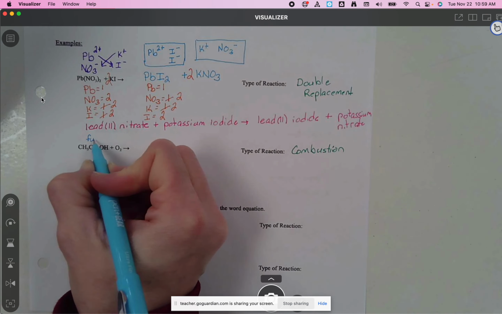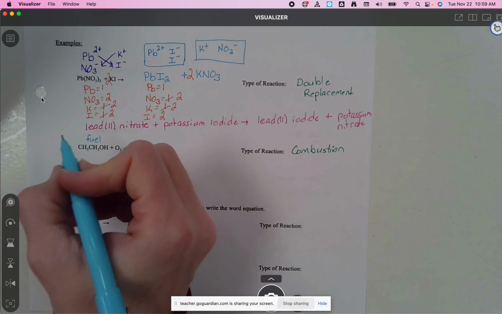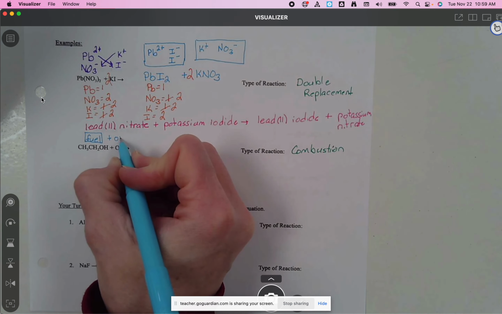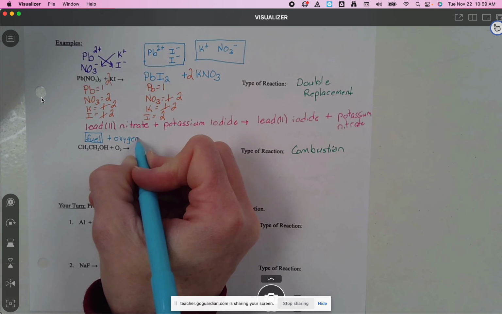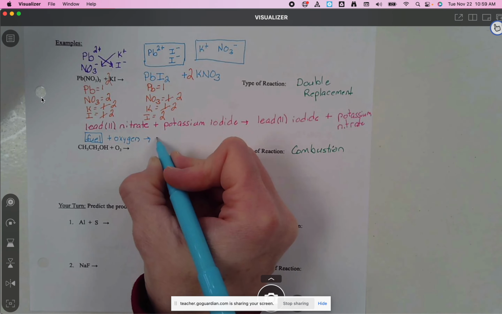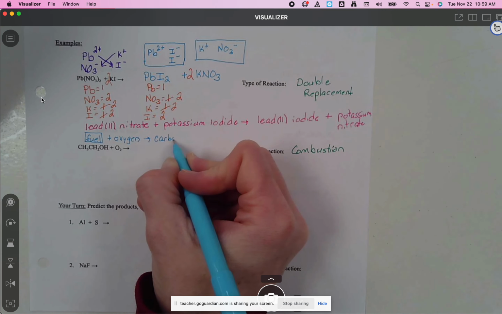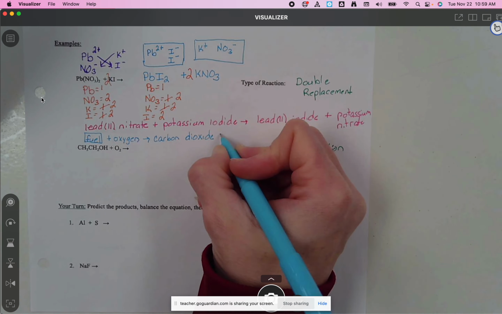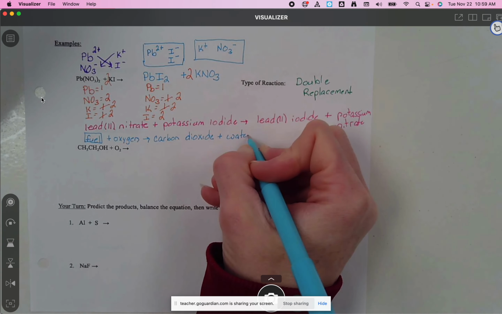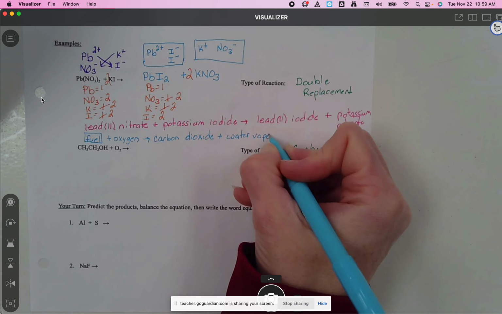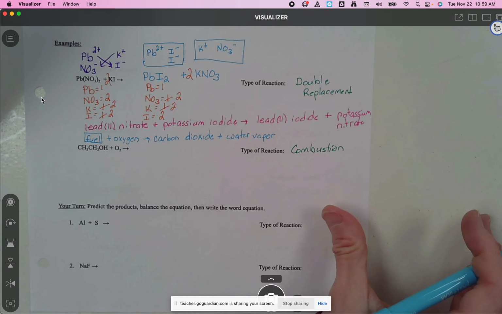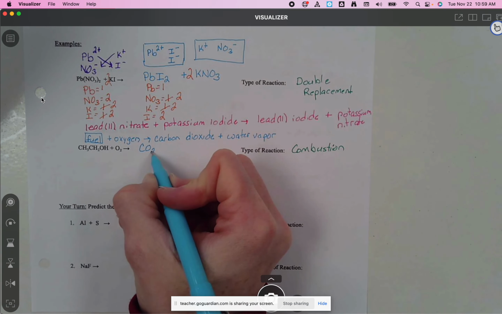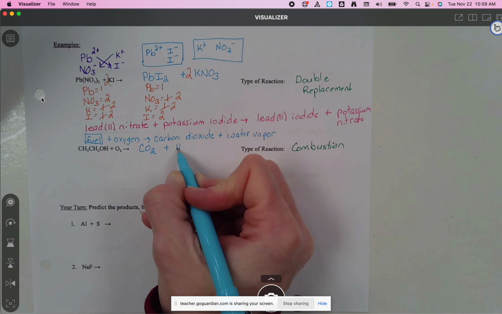You have some fuel, plus oxygen, yields carbon dioxide, plus water vapor. Which must mean that the products here are CO2 and H2O.